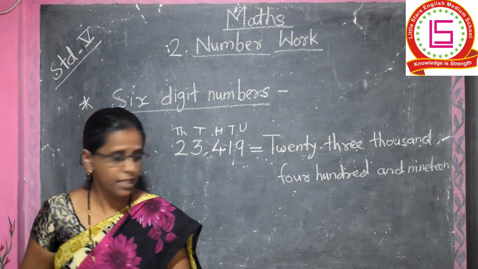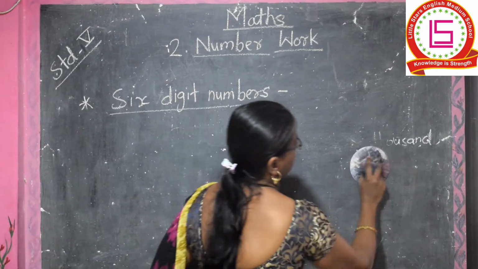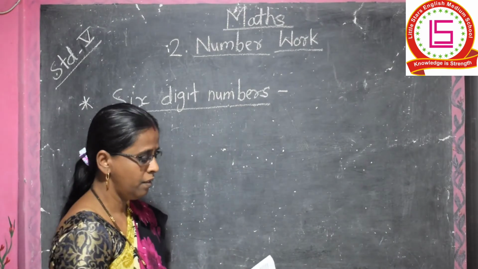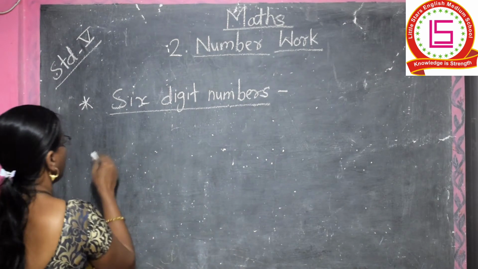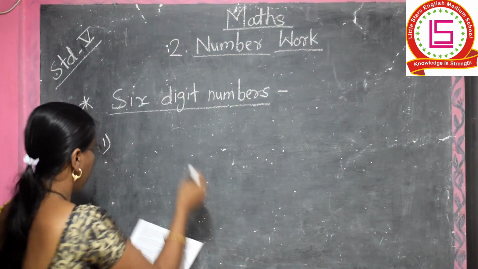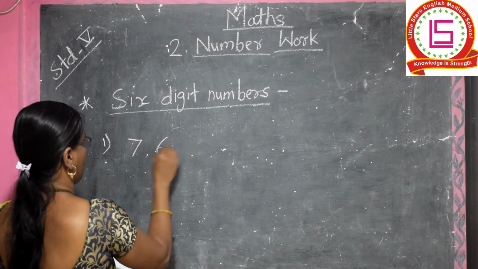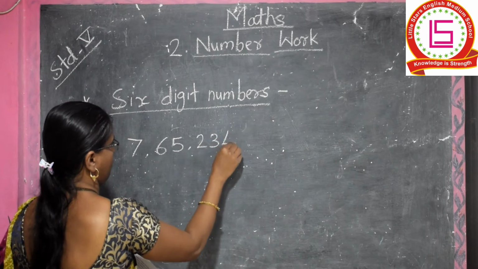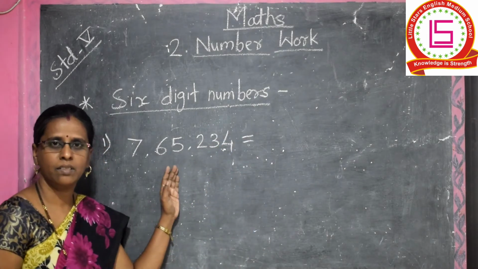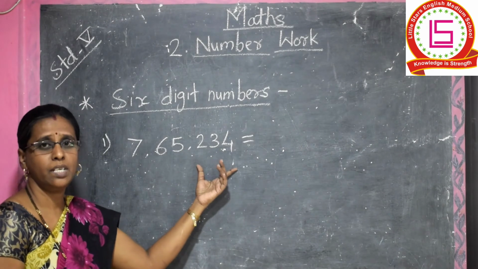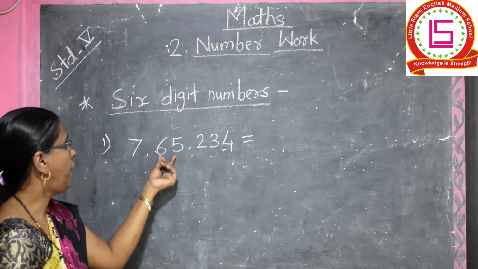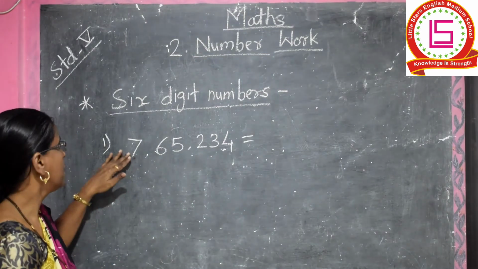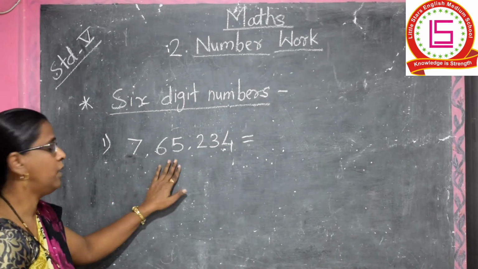We take an example from problem set 3. This is the number. How to read this number? Up to 5 digits we have learned. Now one more digit is added to this number.